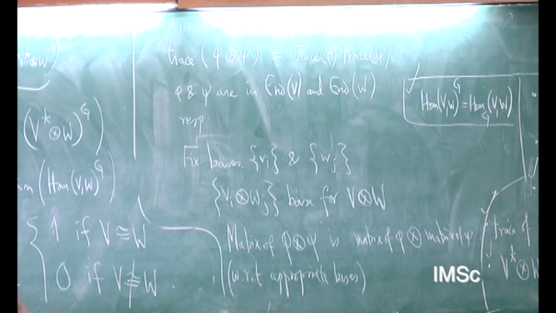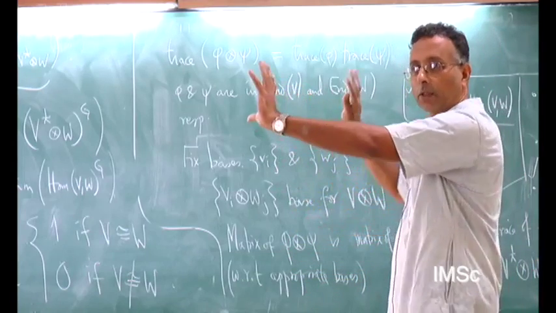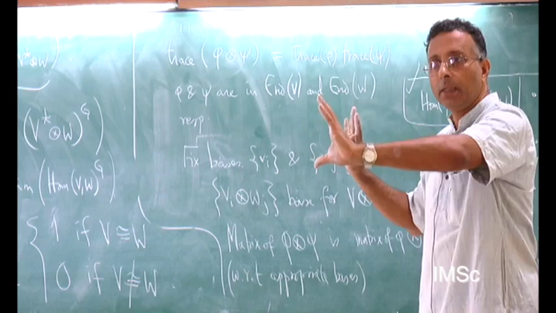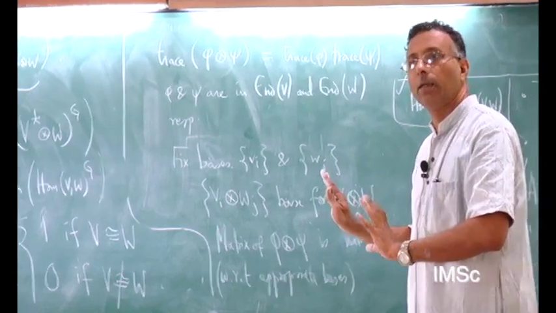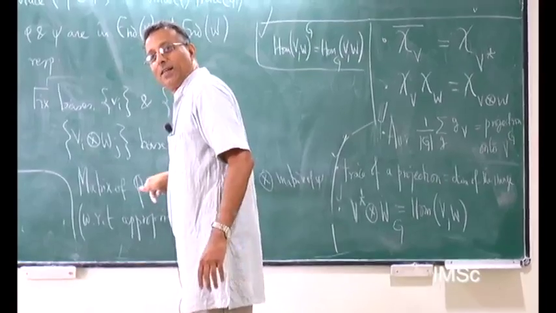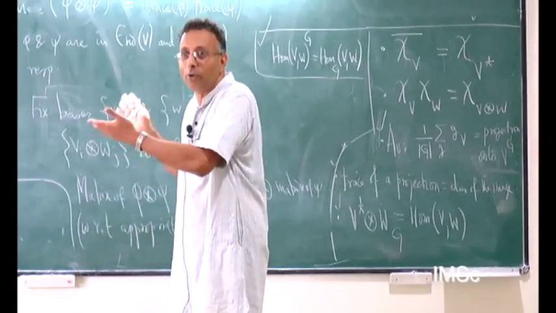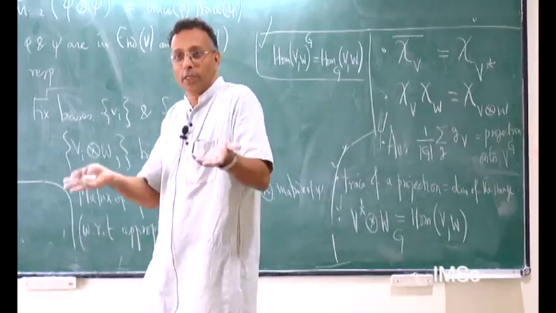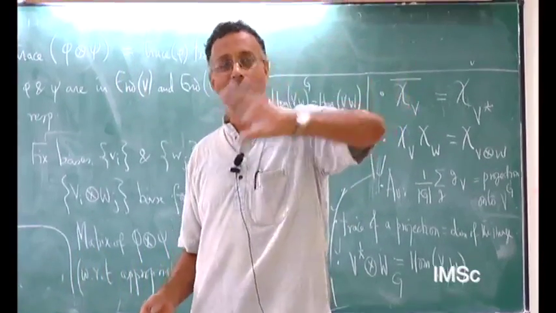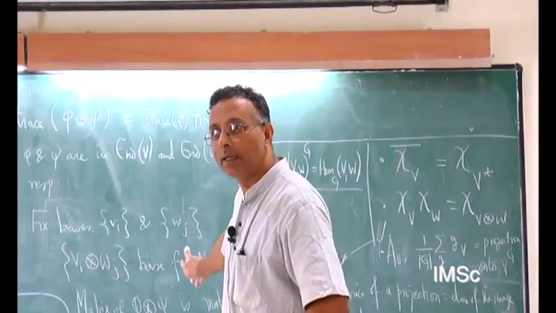The tensor product of two matrices A tensor B, say m by m and n by n, is defined in terms of the tensor product notation. You don't really need to know this, but you can rationalize it, work backwards, and understand that the tensor product of matrices is really the tensor product of the corresponding linear transformations.